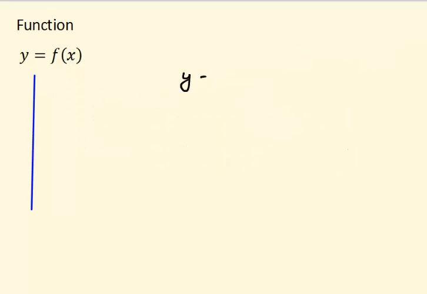y equal to f of x. You can consider function as something which takes x as input and gives you y as output. We have two definitions to take care of.